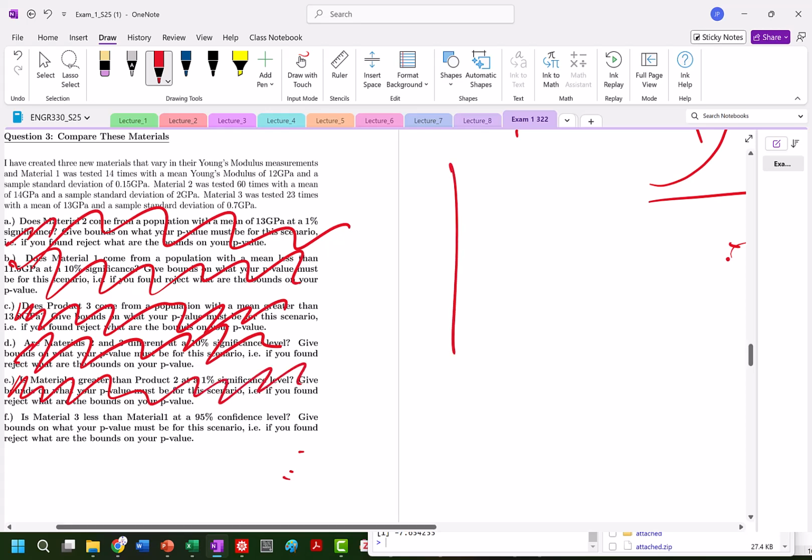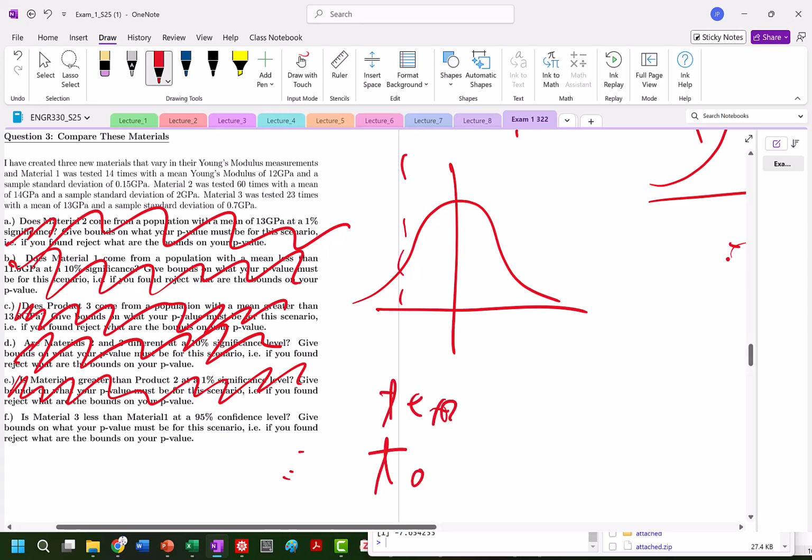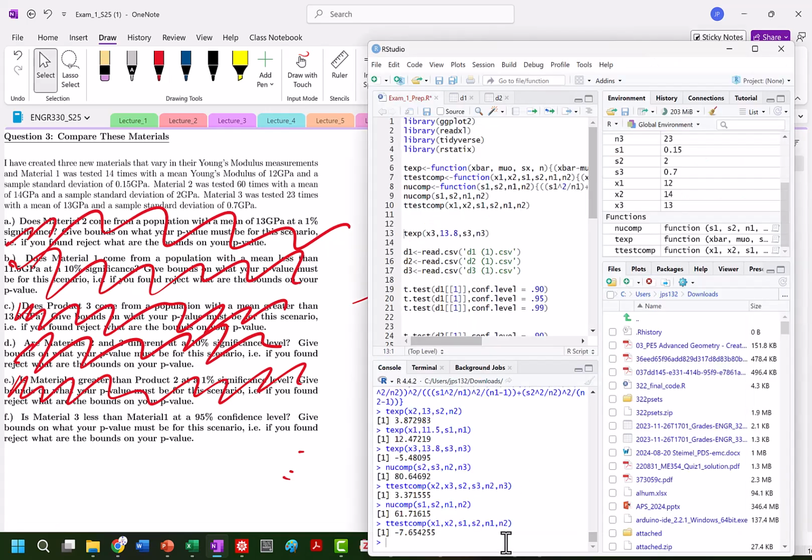And finally, last one. Material 3 less than material 1. So we're doing left-tailed, so we need to make sure it's negative, whatever it is here. We have our T experimental. Our alpha is going to be 0.05. And then we have to figure out our nu. So material 3, material 1. So I'm going to say S3, S1, N3, N1. We need to keep that consistent. Copy in here, paste it in here. And then X3, X1.